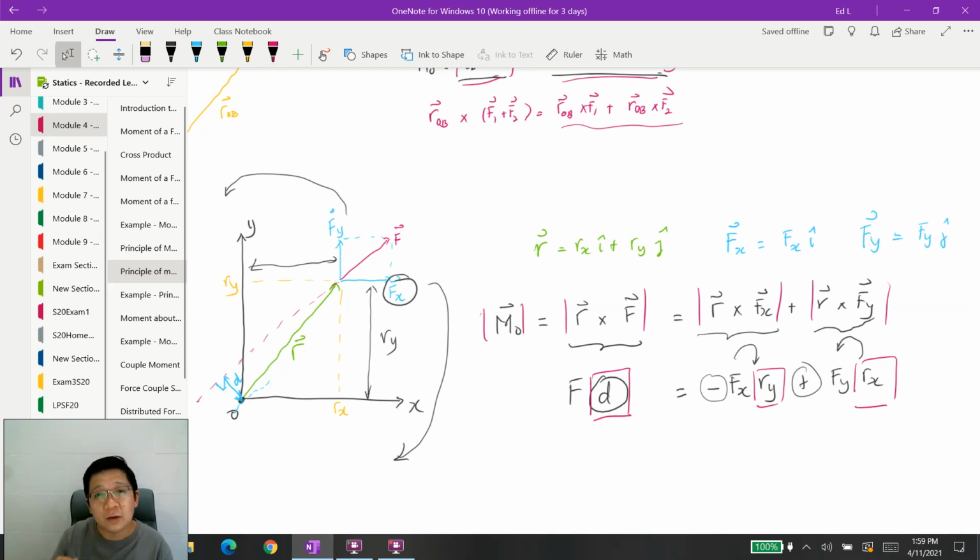The only thing we need to do is decompose that force into its x and y components, which is much easier than calculating d. So that's pretty much what I would like to say about these principal moments.